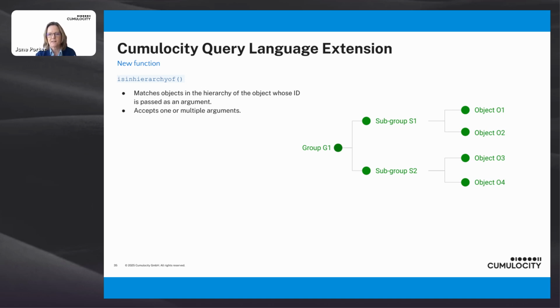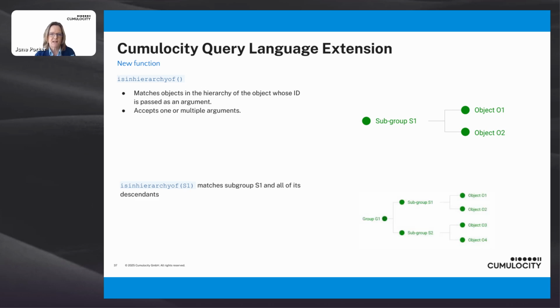What this means is, if we take this hierarchy as our starting point and I ask for the hierarchy of the group G1, which is on the left there, it will return that group and all of its descendants.